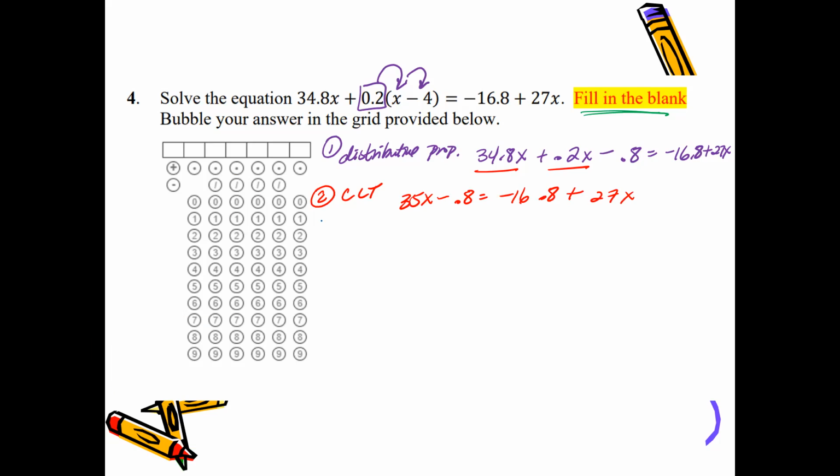Third step, you guys. Now that I have combined everything, I want the x's on one side. So then I'm going to do a subtraction property of equality. So subtraction POE. And what I'm going to do is I'm going to minus that 27x on both sides.